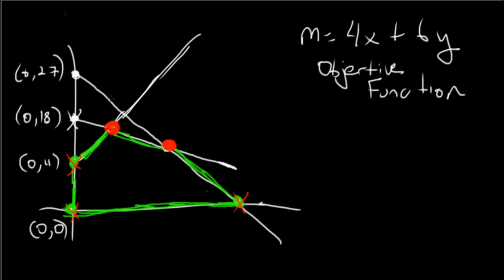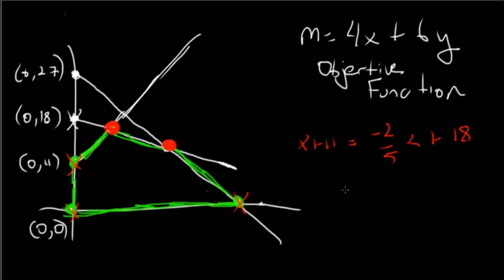All right, so we need to look at this and this, so we just need to figure out where their intersections are and then figure out which one's better. So let's go ahead and do that. This line right here was negative x plus 27. This line right here is negative 2/5 x plus 18. So we're going to just go ahead and solve this.